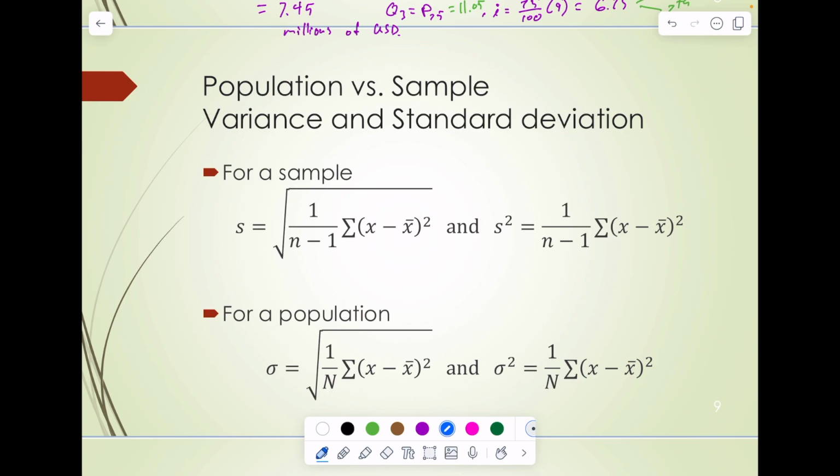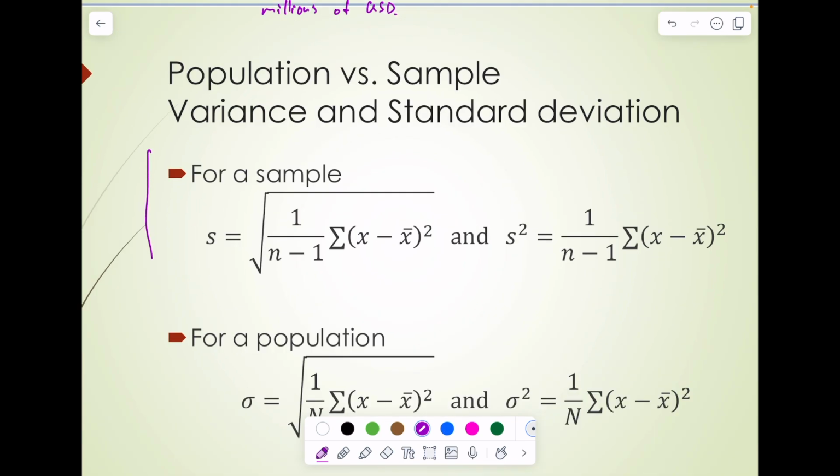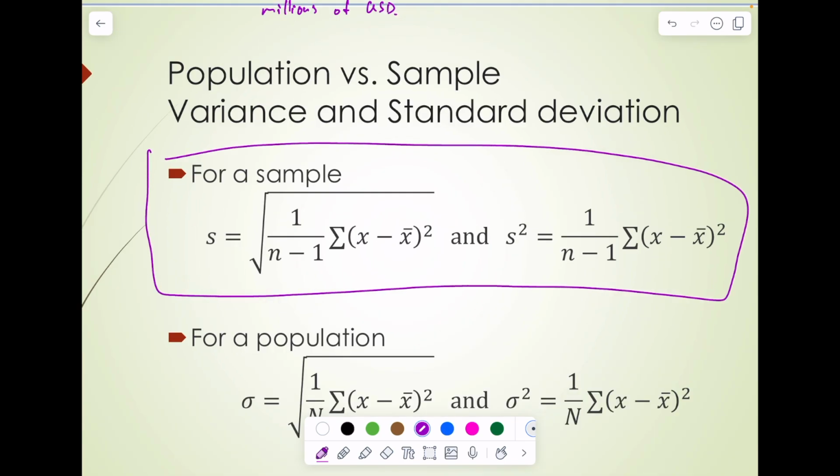There's an interesting thing with variance and standard deviation. If the data that you have is regarded as a population, the formula is a little bit different. So the formula that we're going to be using most is the one for samples. And that one is this one right here. So if you're dealing with a sample, which we almost always will be, we're just going to use this with the n-1.